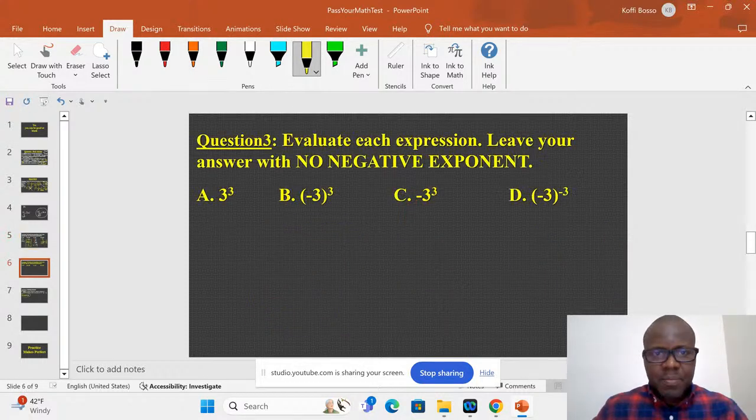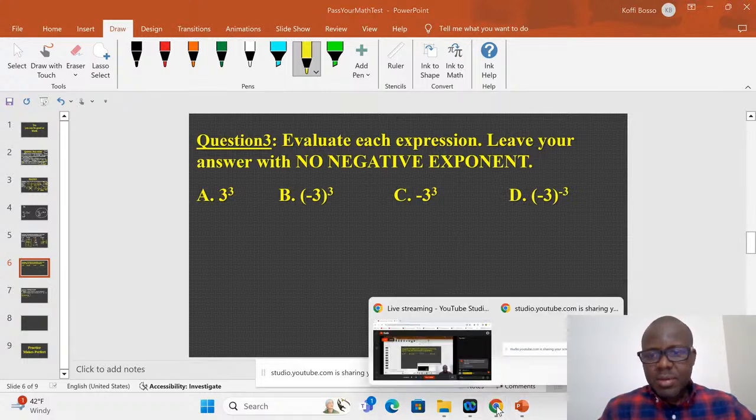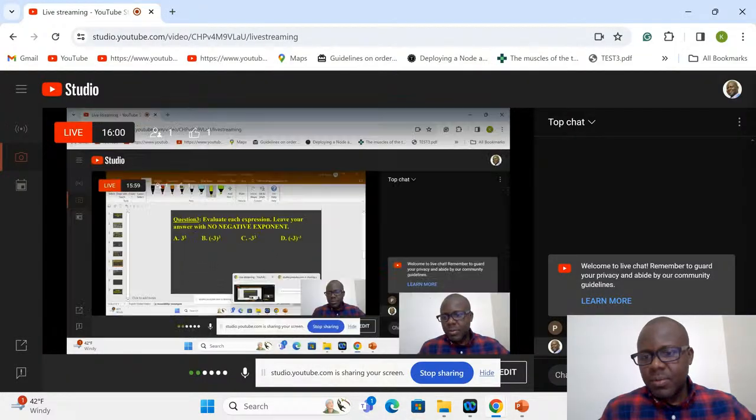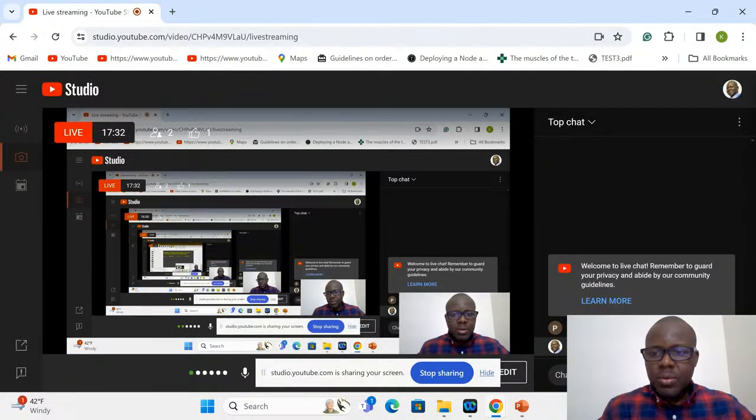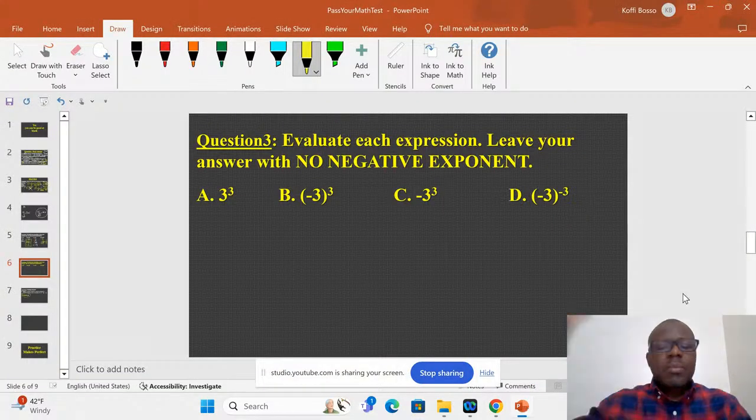Okay. Now let's see question 3, which is similar to question 2, but here I changed the exponent to 3. Again, let's see what is going on here. Feel free to participate if you join the session.